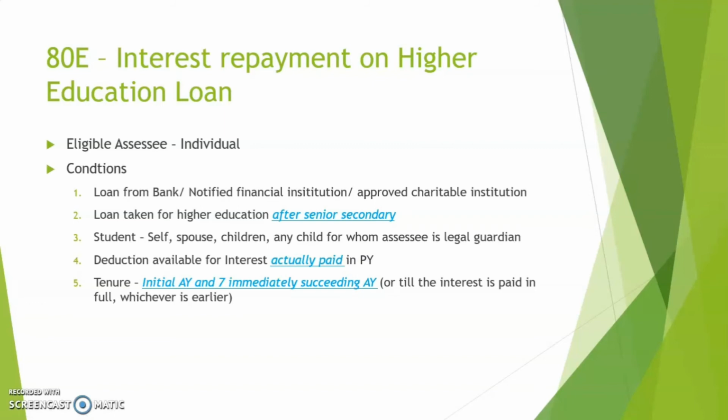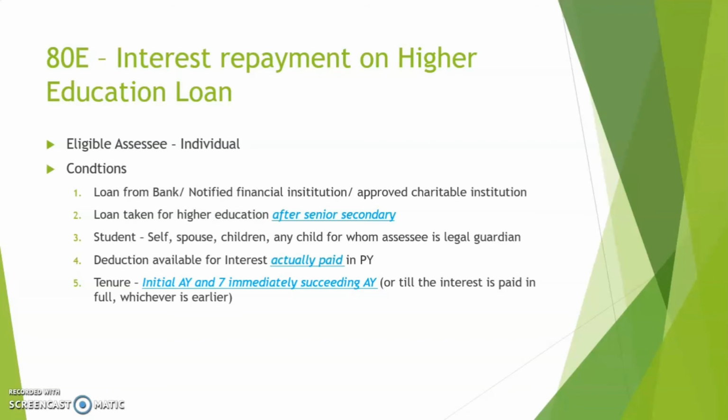Condition number 5, and this I think is the final condition. It says that the deduction is available in the initial assessment year, that is the year in which the deduction is taken for the first time in respect of the interest paid, and from that first year up to the next 7 years. So for the first year and the immediately succeeding 7 assessment years, or till the interest is paid in full, whichever is earlier.